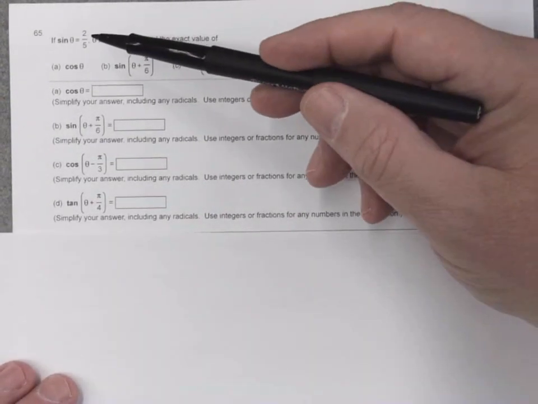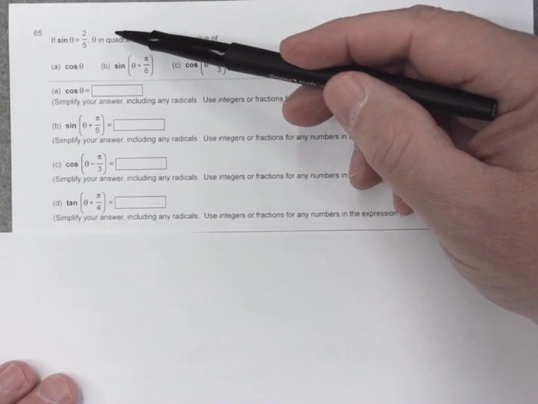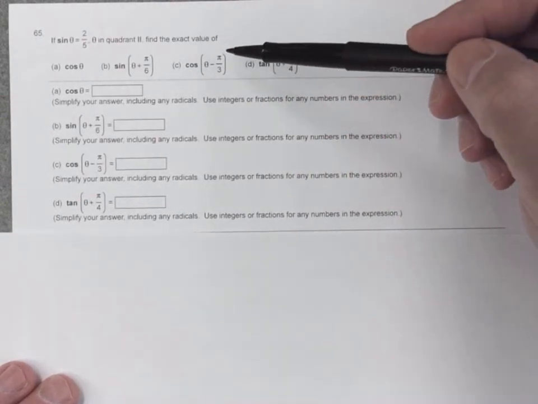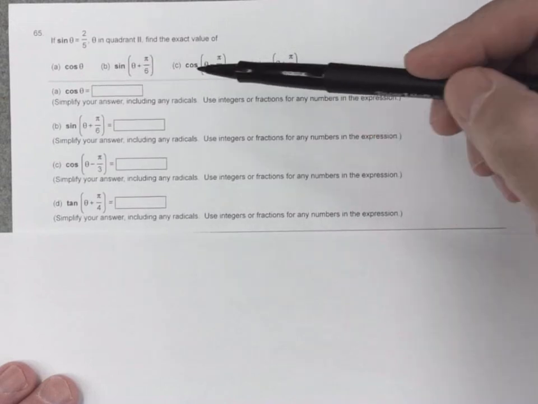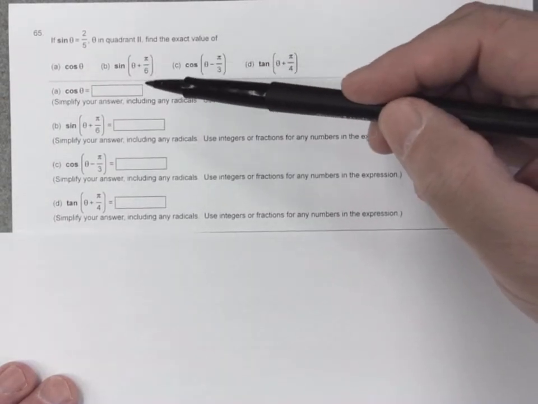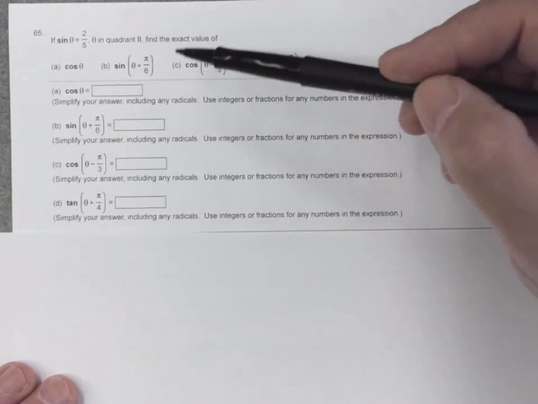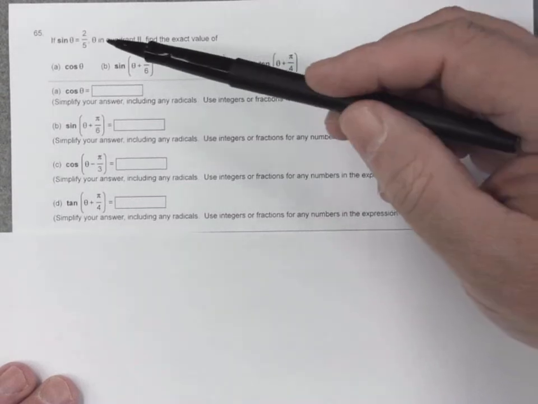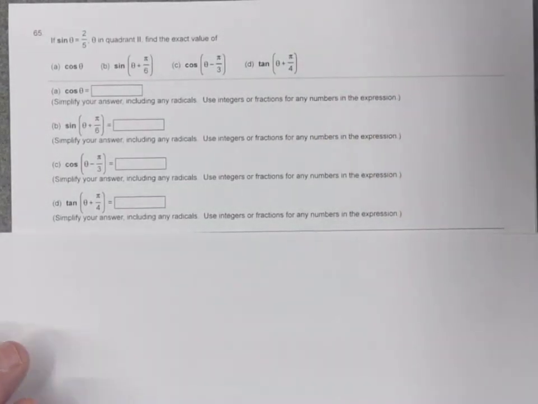They say if sine theta is 2/5 and theta is in quadrant 2, find the exact value of. So now here we have some more sum and differences, but you notice the second angle is an actual angle. We don't have to jump through any of these hoops. The first angle, theta, comes from here, but then we have all these second angles.